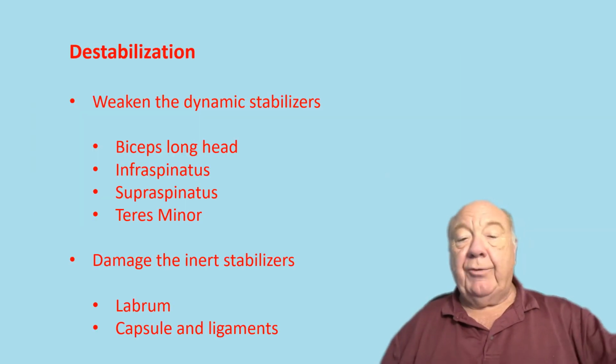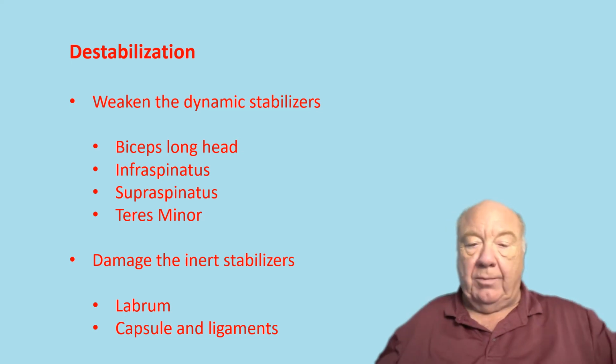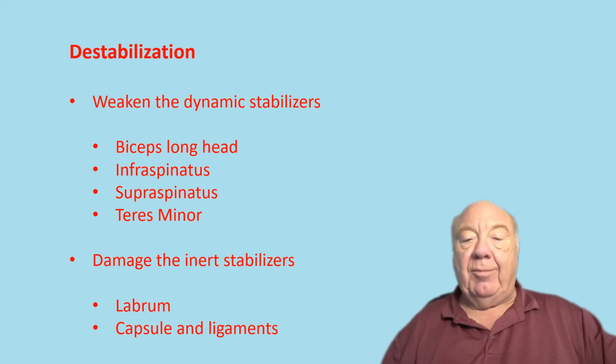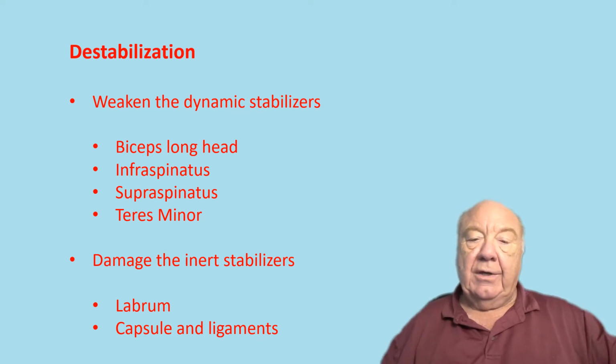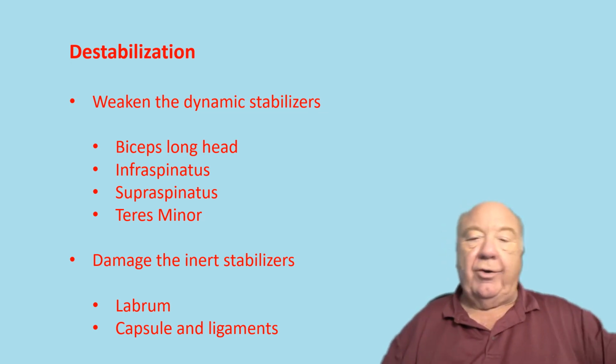Okay, so how do we destabilize this short of overt severe trauma? You weaken the dynamic stabilizers, which includes biceps long head, infraspinatus, supraspinatus, teres minor, and probably in certain conditions, teres major. Anything that pulls or pushes the humeral head into the glenoid.